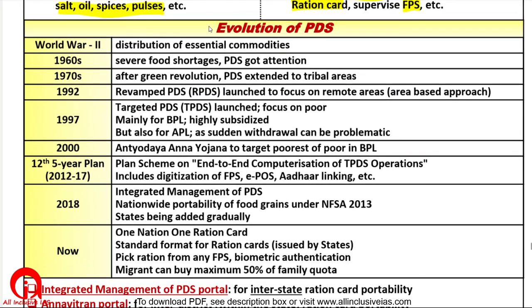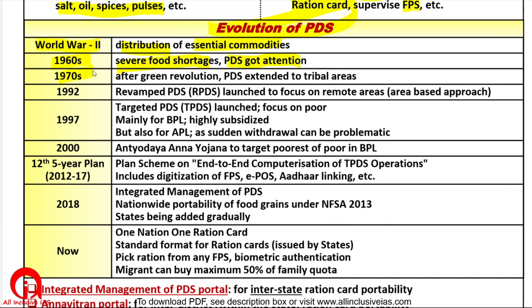A very brief history of the PDS system in India. So during World War II there was shortage of goods. That time government made some regulations on distribution of essential commodities. In 1960s, when there was severe food shortage, then this existing PDS system got attention.